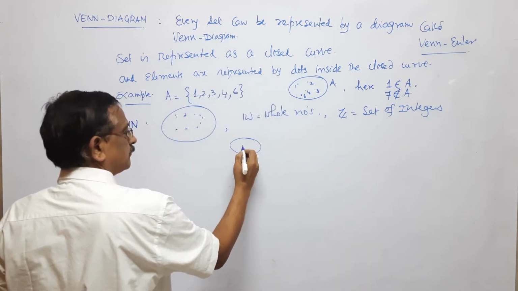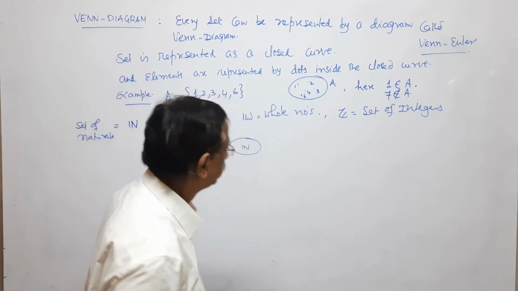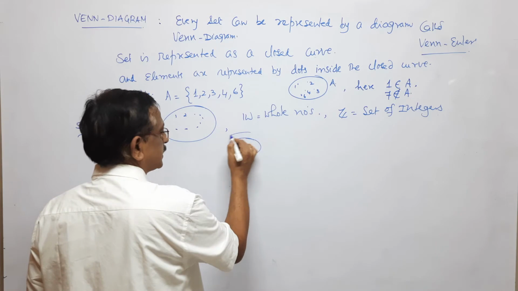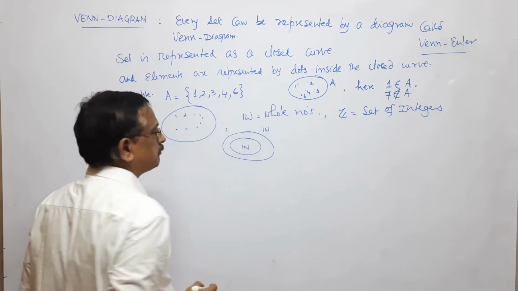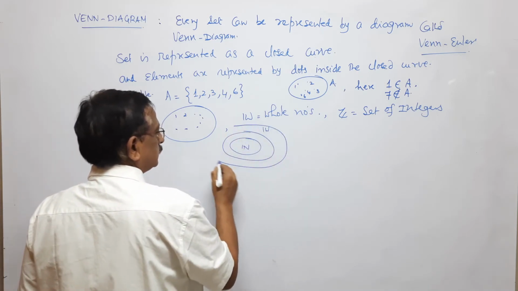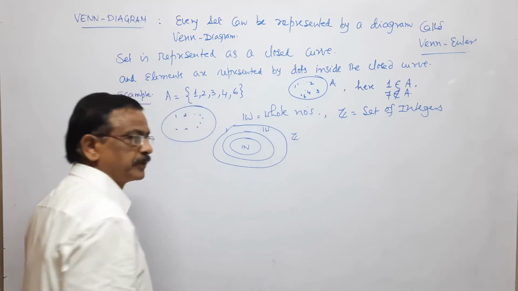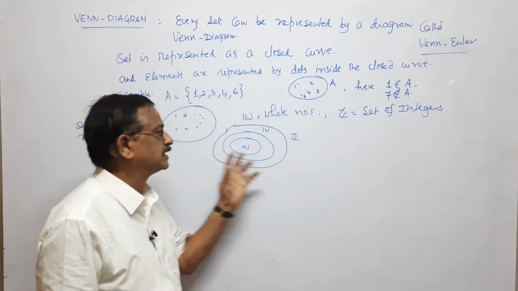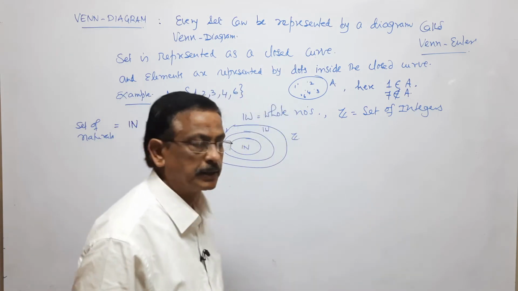This is N, a Venn diagram for N. A much bigger set is W, the set of whole numbers. This is Z. So this is the way of representing a Venn diagram.